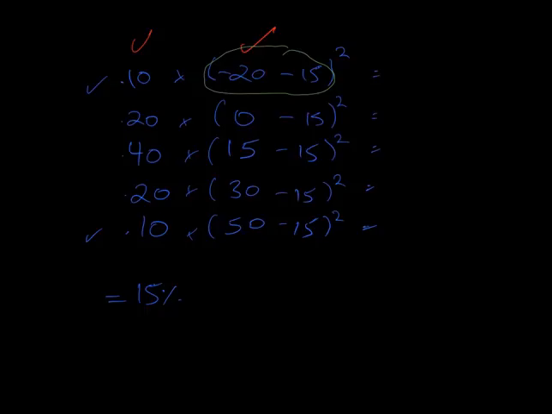So, negative 20, we'll bring it on over. We'll use a new color for this next column. We still have our 0.10 times, in this case, negative 35, squared.